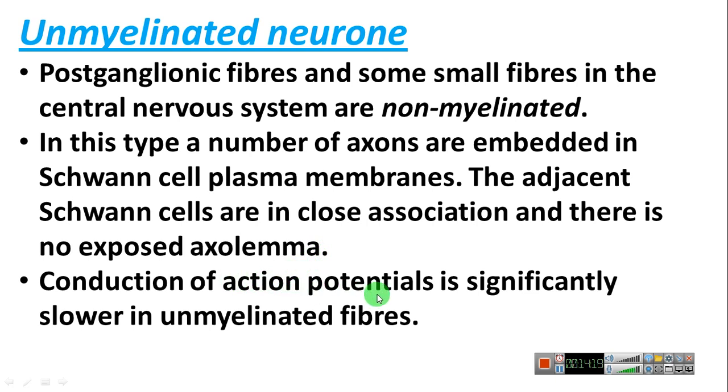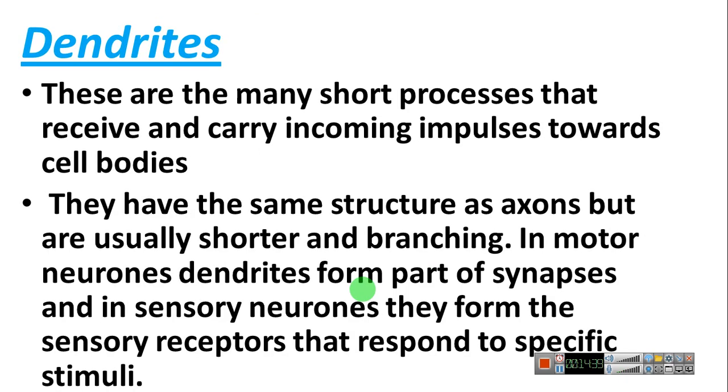Conduction of action potentials, meaning transmission of impulses through the nervous system, is significantly slower in unmyelinated fibers.